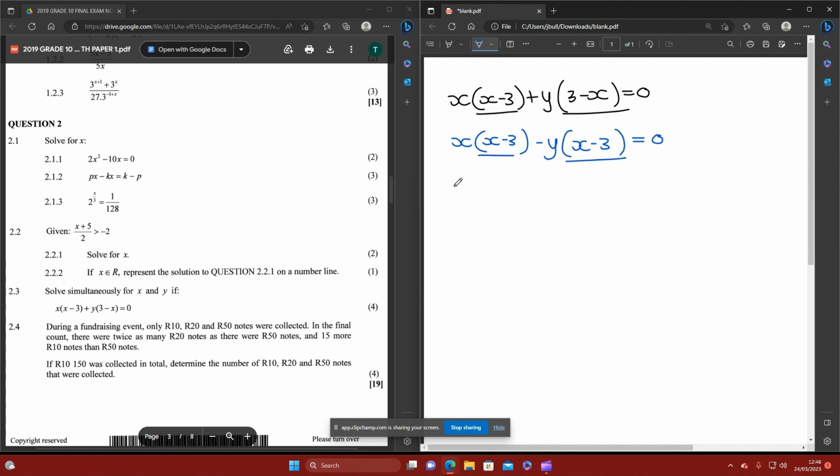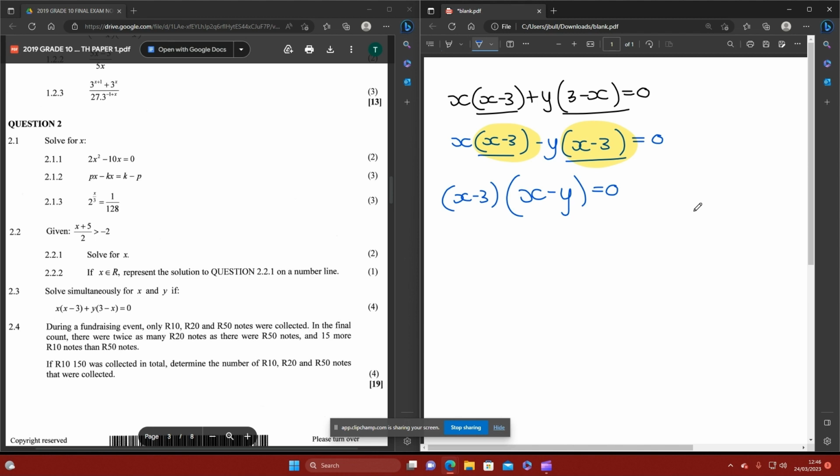So we've got x minus 3 as our common factor, and then we write what's left. Taking this bracket out, all we've got left in the first term is just x. And taking the second bracket out as a common factor, all we've got left for that second term is negative y, and that is equal to 0.